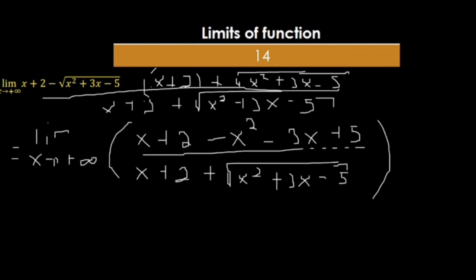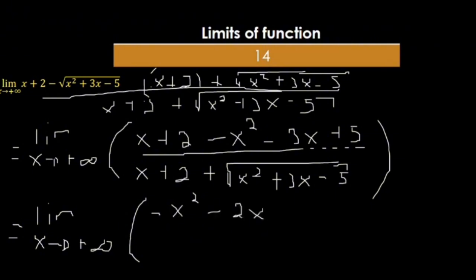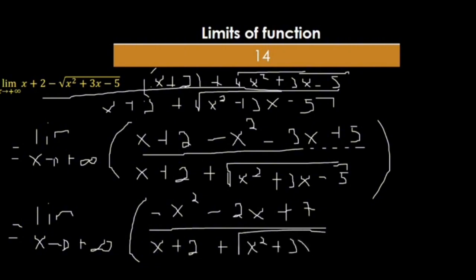Okay, proceeding with this, that will be equals to limit as x tends to plus infinity of minus x squared minus 2x plus 7 all over x plus 2 plus square root of x squared plus 3x minus 5.